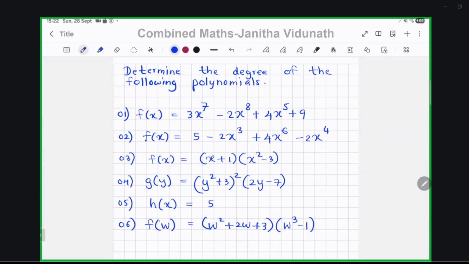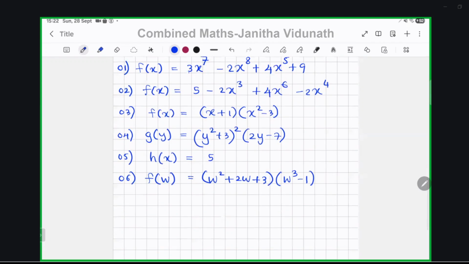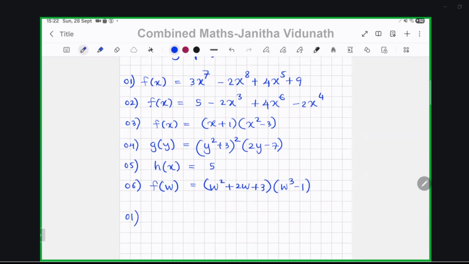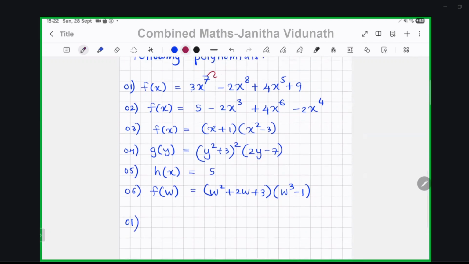Okay. Now I will do the questions. Here in the first question, we can see this is the highest power. Then the degree should be 8. The highest exponent is 8, so the degree should be equal to 8.